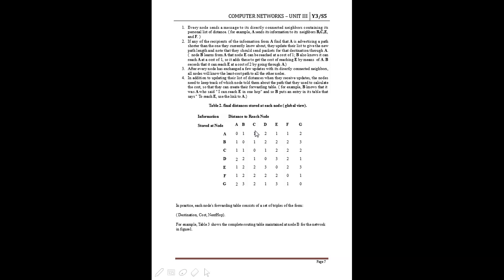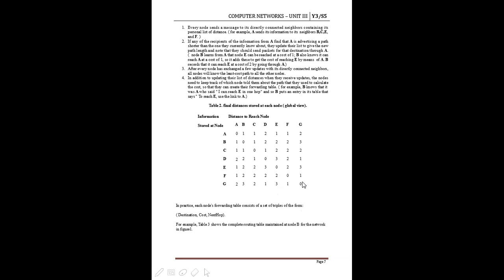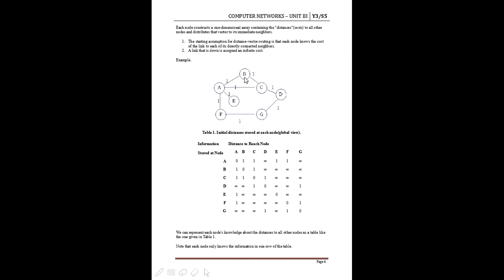This is the routing table maintained at node B. You can see B to A: the cost is 1 and the next hop is A. Then B to C is 1.